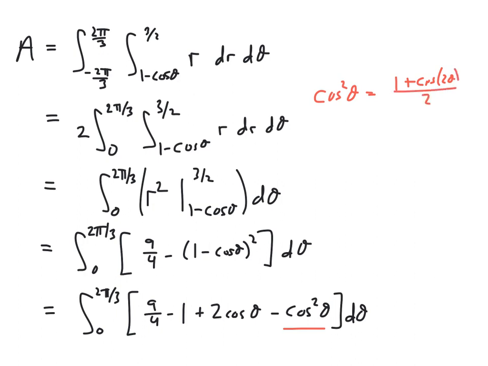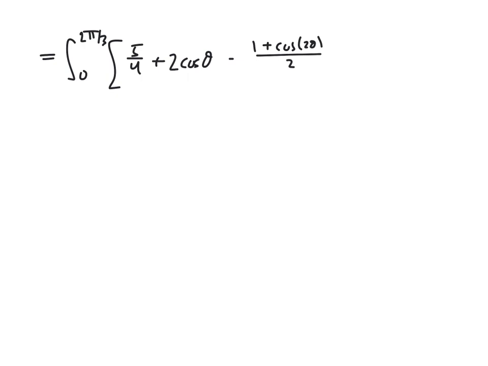We replace cosine squared theta with this quantity. So this is the integral from 0 to 2 pi over 3 of 5/4 plus 2 cosine theta minus 1 plus cosine 2 theta over 2, all d theta.